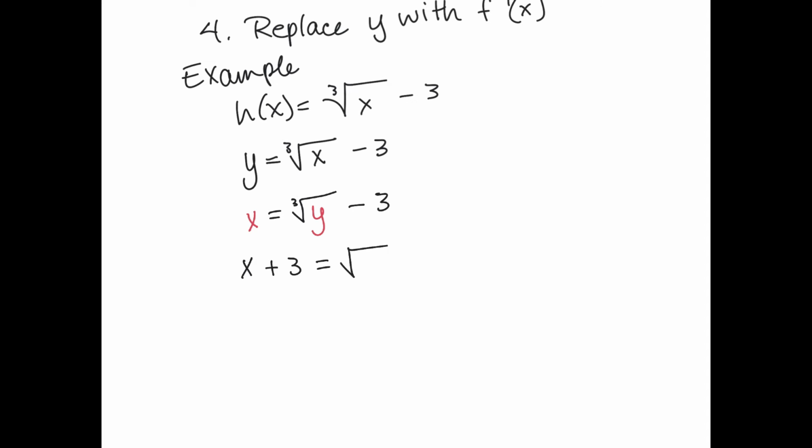So adding 3 to both sides of the equation. And then we're going to cube each side of the equation to get y out from under the cube root. Since cube and cube root are inverse functions, the y is alone now.